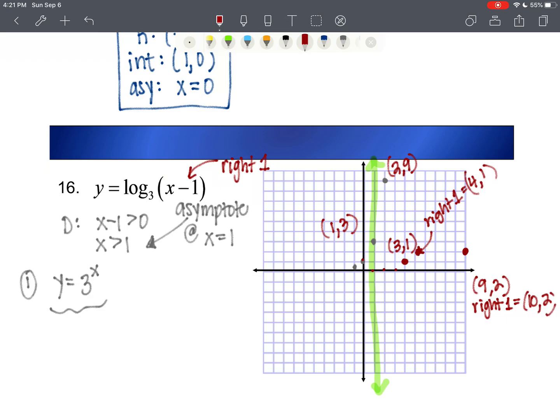And then we had 0, 1, which is going to become 1, 0, but 1, 0 right 1 becomes 2, 0.